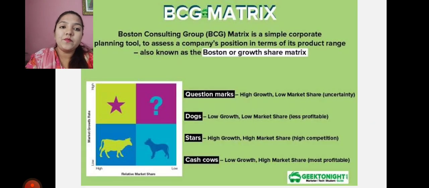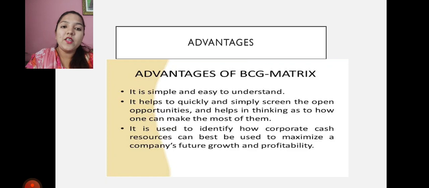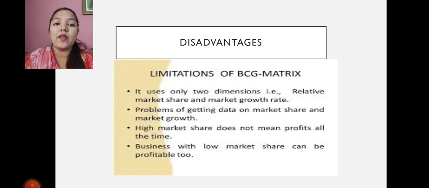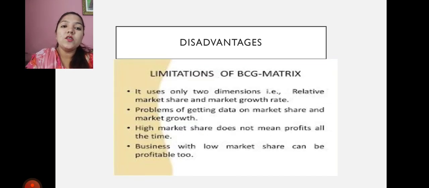BCG matrix, this is the diagram. There are some advantages. It is simple and easy to understand. It is used to identify a corporate's cash resources, where to maximize and where to grow in future, what the profitability is, and when to diversify or liquidate the product in the market. The limitation is that relative market share covers only two dimensions.